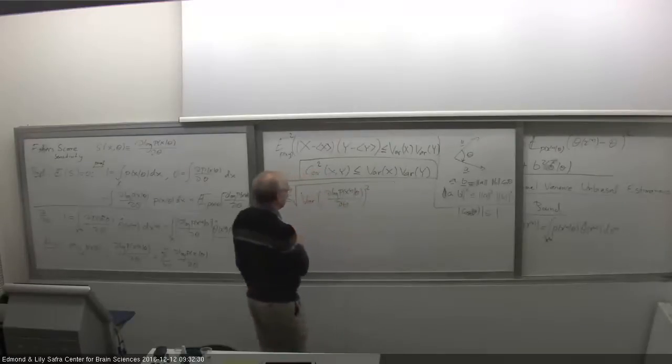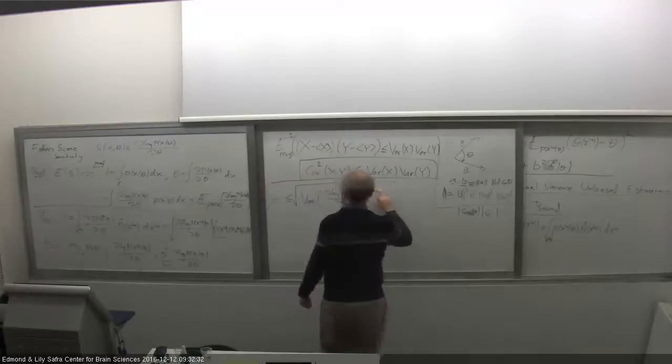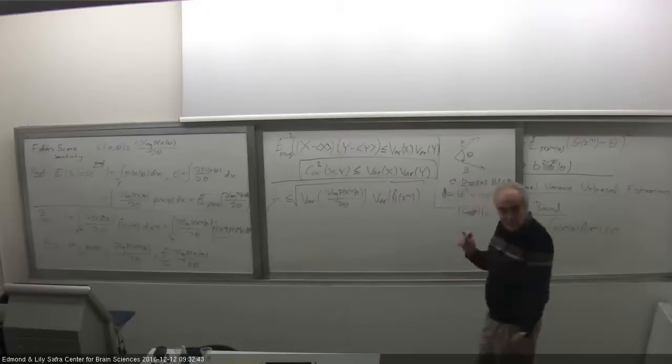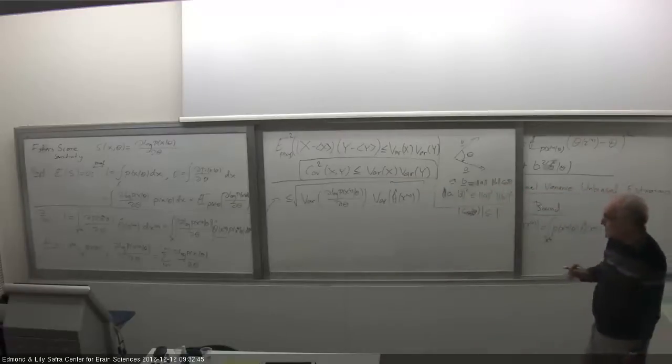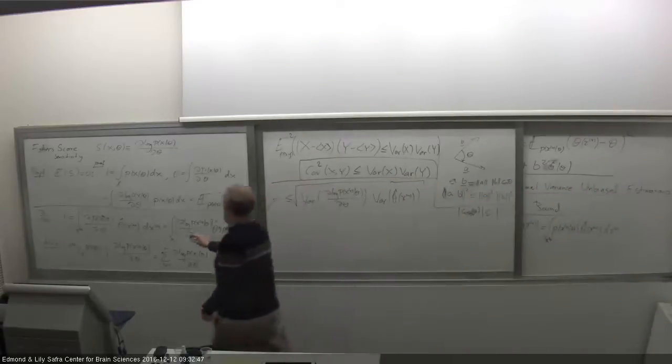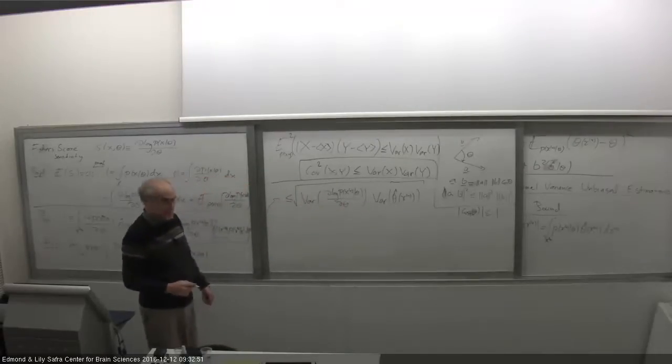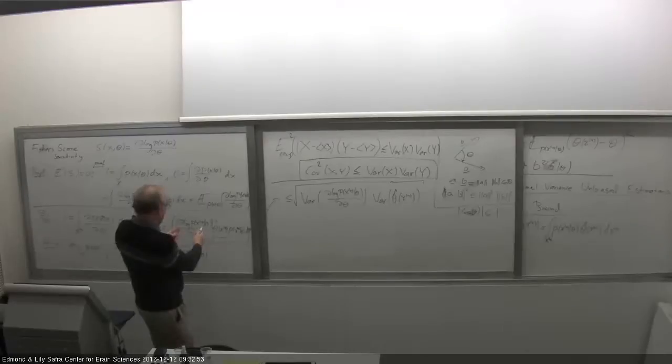The variance, sorry, don't need the square, times the variance of theta hat. Okay, so it's clear how I got this? Just those two, right? This integral is less than this, because it's an expectation of a product of two functions.